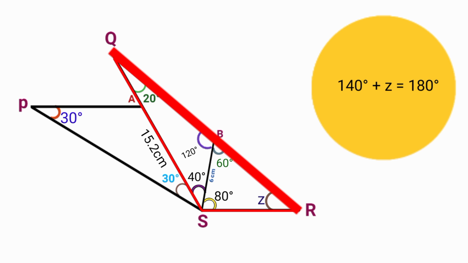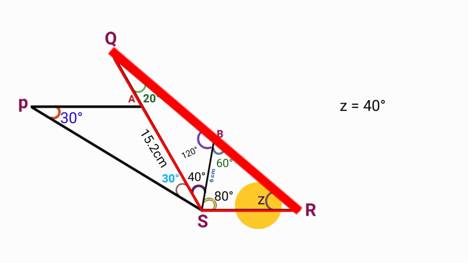So 140 degree plus Z equal to 180 degree. Subtracting 140 degree from both sides, Z will be equal to 180 degree minus 140 degree, which equals 40 degree. So that means this angle Z here is 40 degree.